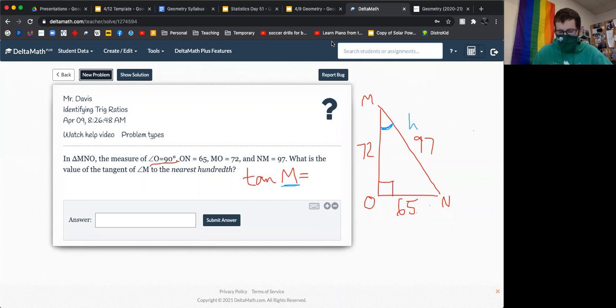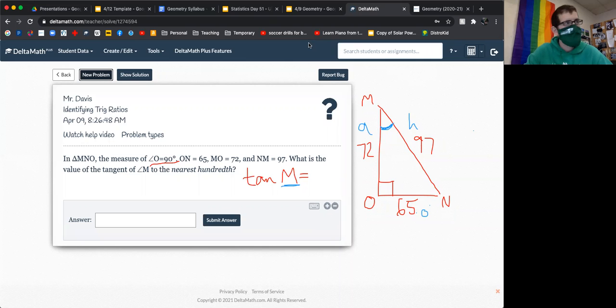Okay, which between the remaining two is the opposite? Is it 65 or 72? 65. Notice that's based on your reference angle. That changes, but because my angle goes like that, the opposite side is 65. So there we go. This is my opposite, which leaves this to be the adjacent side.